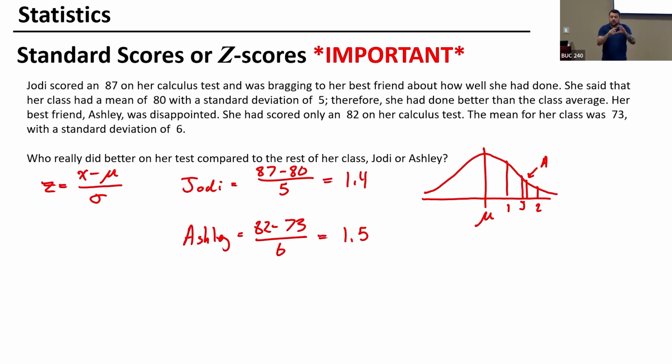Now remember, she's comparing her class. Jody did a little bit less. So comparatively speaking, yes, Ashley did better. Not by much, but still, Ashley can be very proud of her score compared to her class.